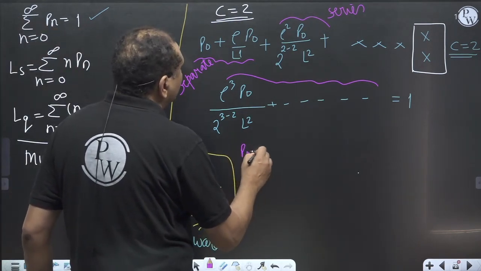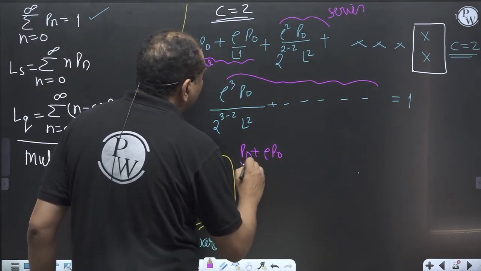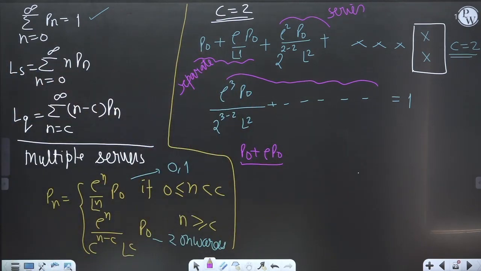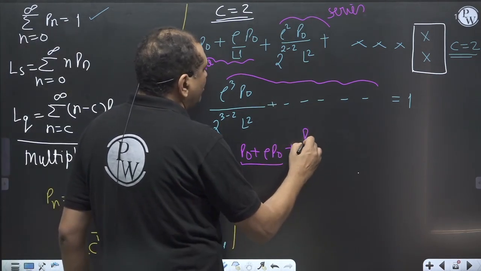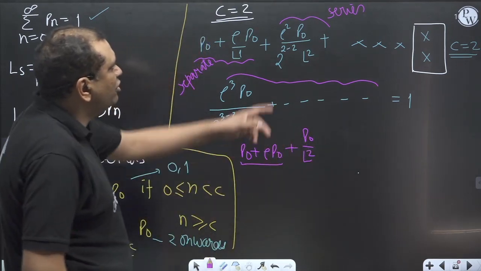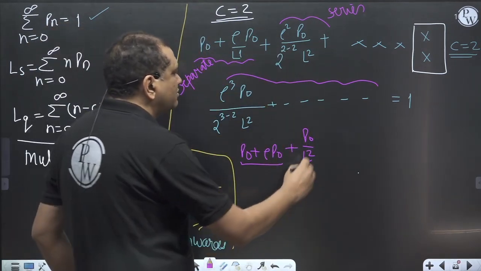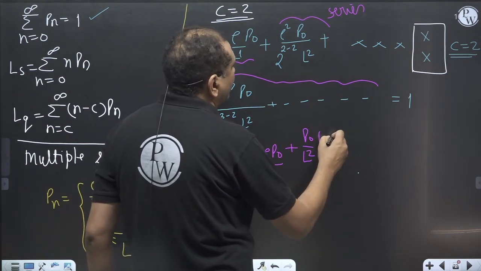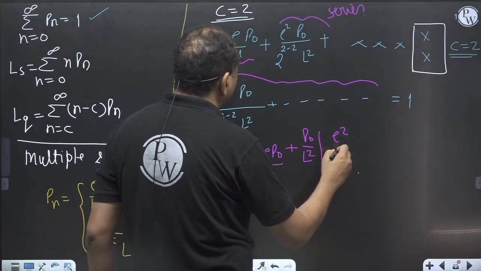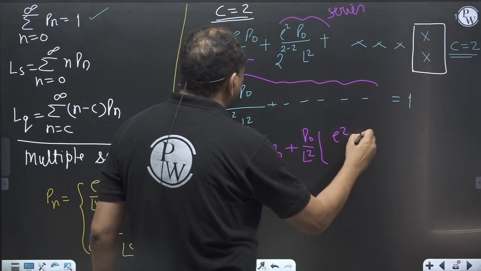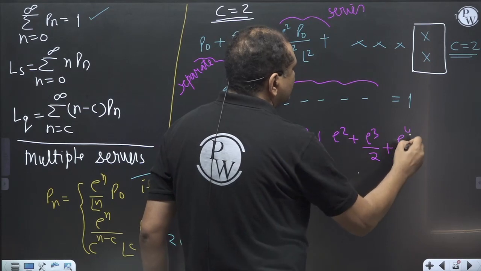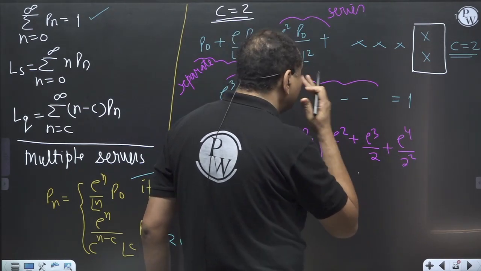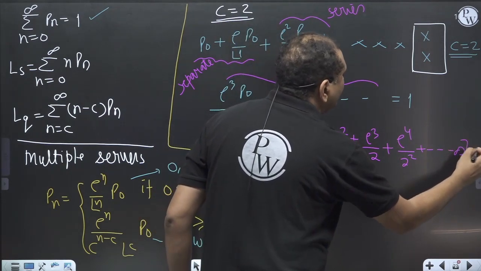So P0 plus rho P0, this is separate. Then P0 by factorial 2, you take common out: rho square plus rho cube by 2 plus rho raised to power 4 by 2 raised to power 2, up to infinity, will be equal to 1.